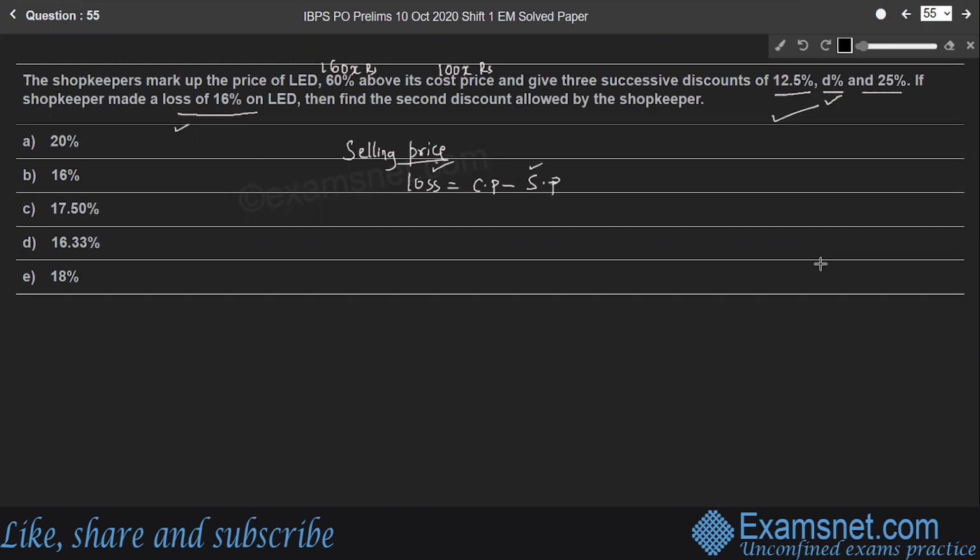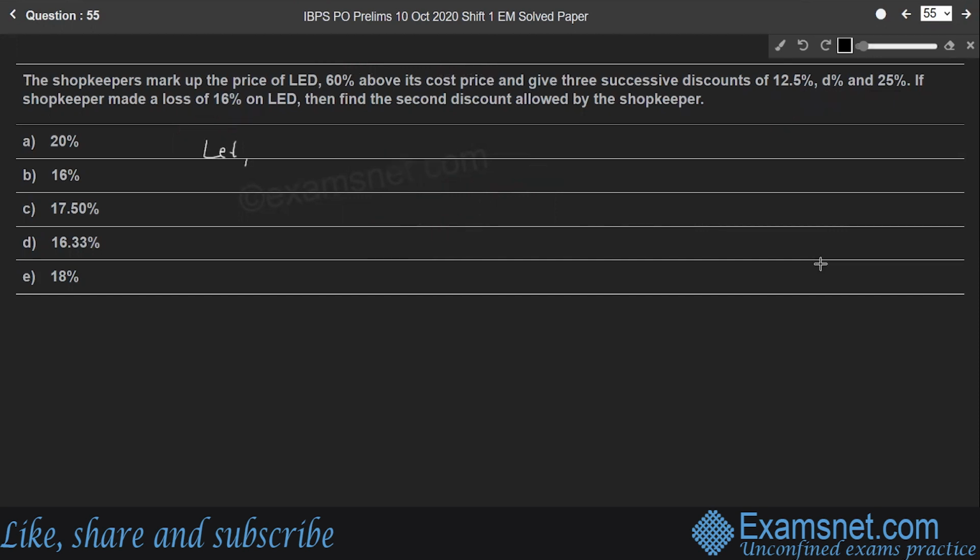The loss is given as 16%. That means if 100 is the cost price, 16 rupees will be the loss. Therefore, loss is expressed in terms of cost price and selling price is in terms of discounts. Finally, we are finding the second discount, so let us go step by step.